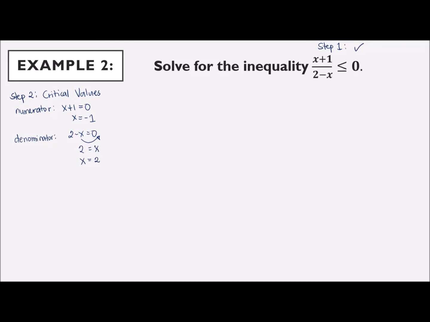That is a reflexive property. It's the same anyway. So, these are now our critical values.